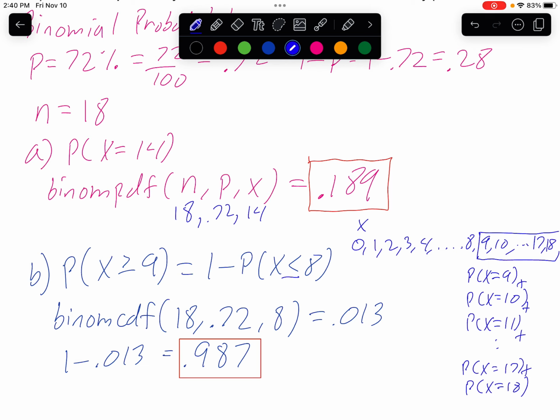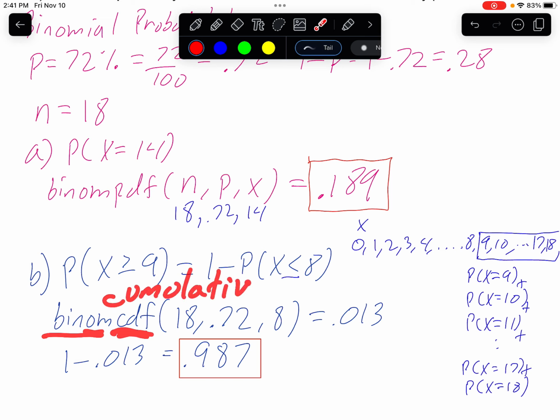If we can find the sum of all of these probabilities where x is less than or equal to 8, that means we can subtract it from 1 in order to get our answer. And thankfully, our calculator has what's called a binomial CDF function, cumulative distribution function, which does exactly that.